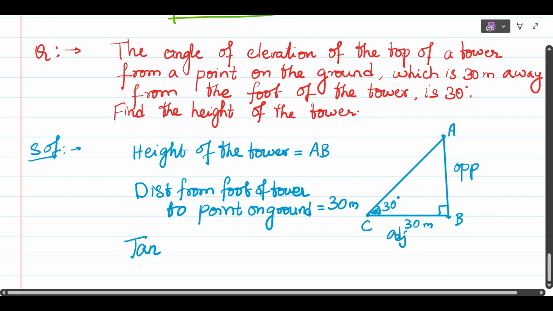Tan theta is equal to opposite side by adjacent side. AB is the opposite side and the adjacent side is BC. We have to find AB, and BC they have given as 30 meters. Is it clear?